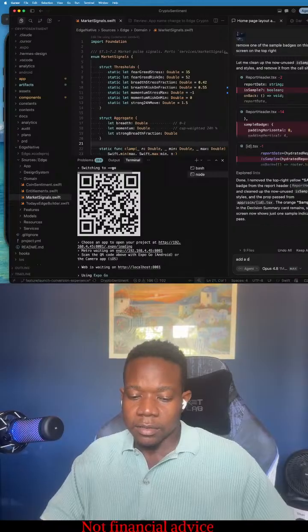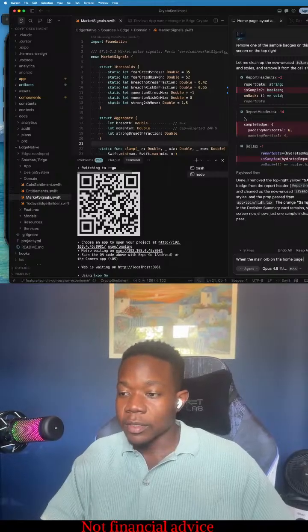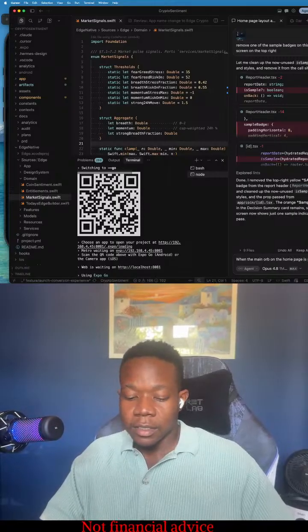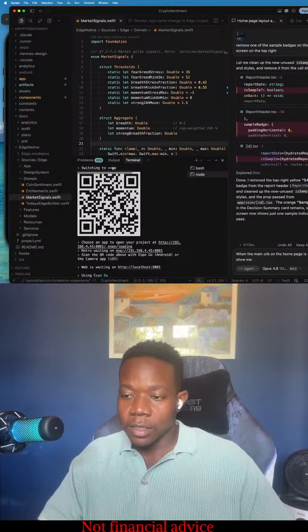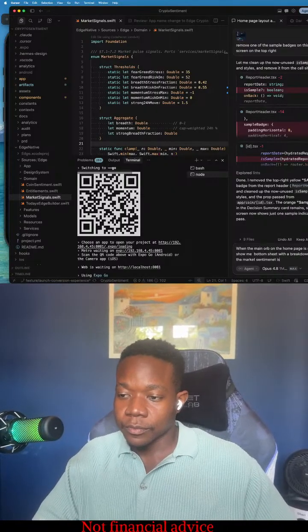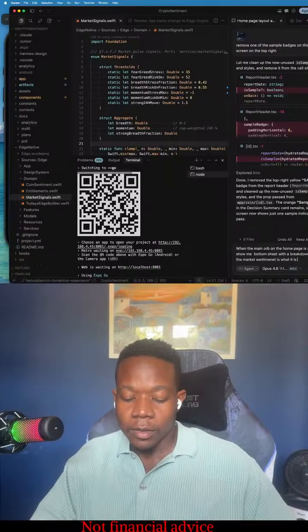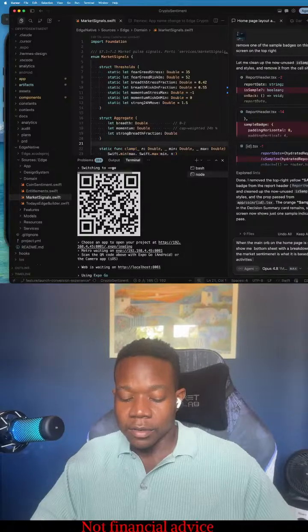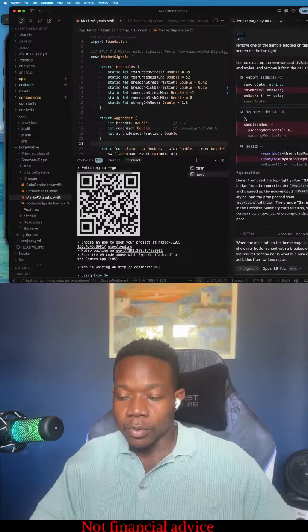Add a description. When the main orb on the home page is selected, show me a bottom sheet with a breakdown of why the market sentiment is so low, based on recent activities from various reports.